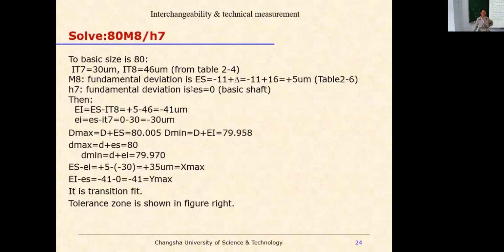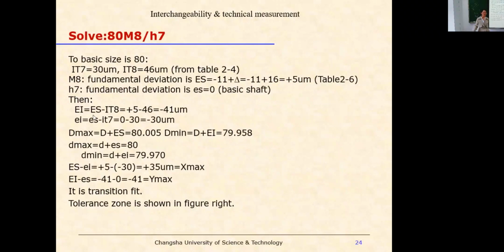And the fundamental deviation ES is minus 11 plus delta, because this is M8. So you should add the delta. Delta you find in the table, and you can find it is 16. Then it's plus 5 from table 2.6. And the shaft's fundamental deviation is 0 because this is a basic shaft.